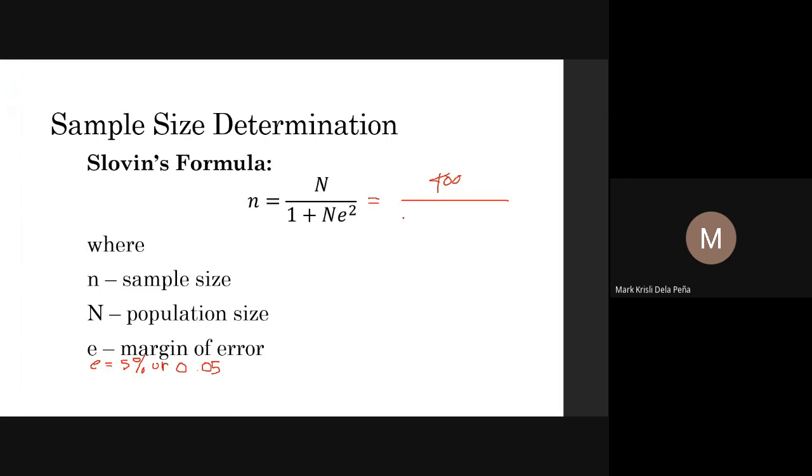So our formula here will become 400 divided by 1 plus 400 times 0.05, and you have to remember that there is a square there. So what is 400 divided by 1 plus 400 times 0.05 squared?